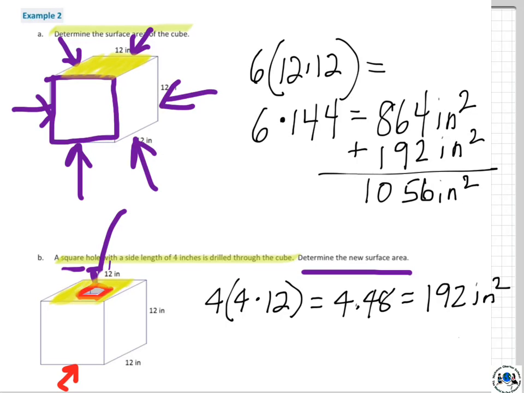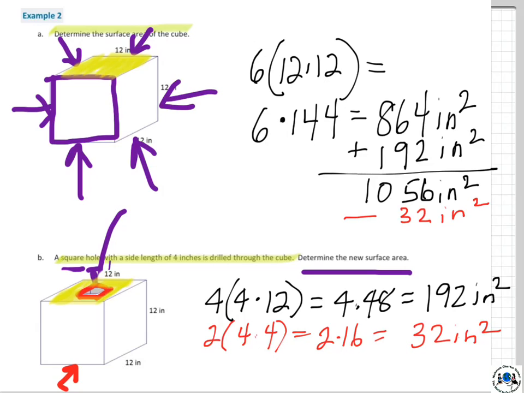So we're losing 2, looks like 4 by 4 sections. So we have to account for the fact that we're going to lose some surface area. We're going to lose 32 square inches, and if we take that away from 1,056, we end up with a total. So the total surface area of B is 1,024 square inches, and hopefully you arrived at the same answer.